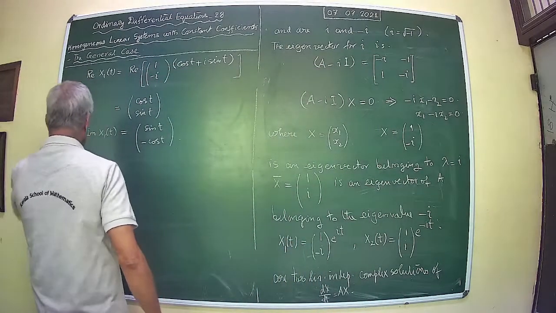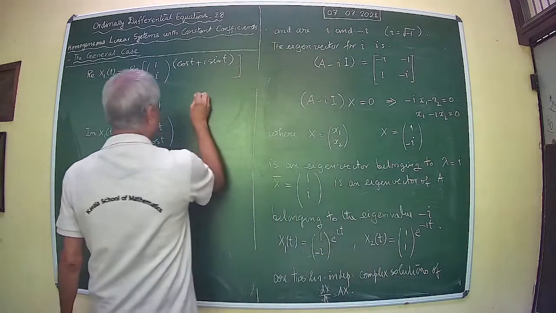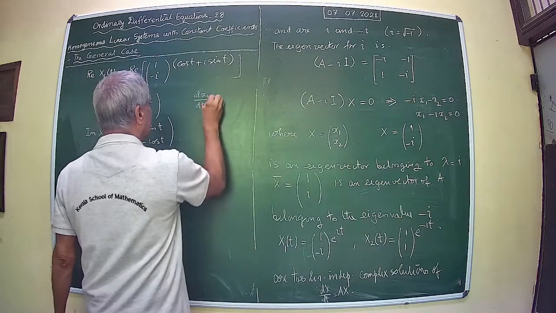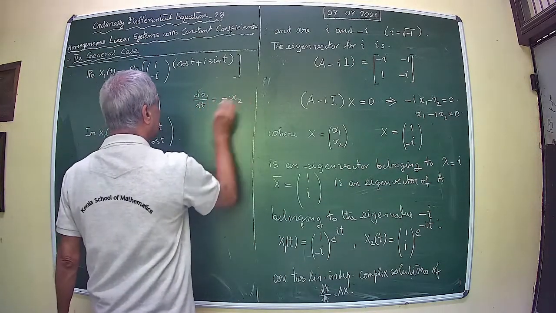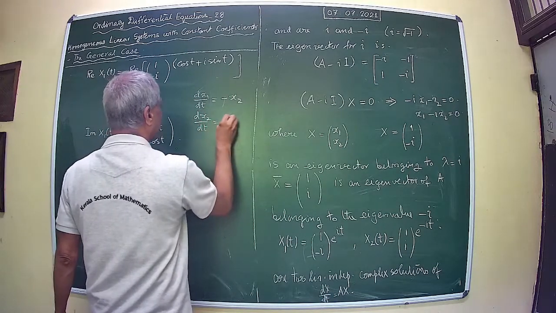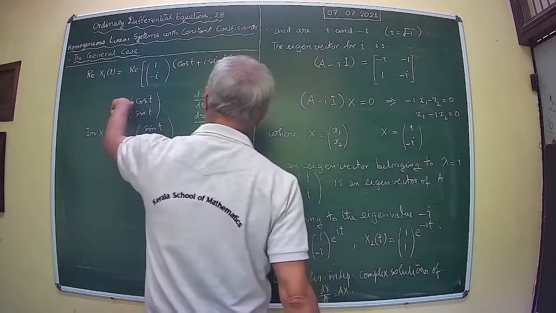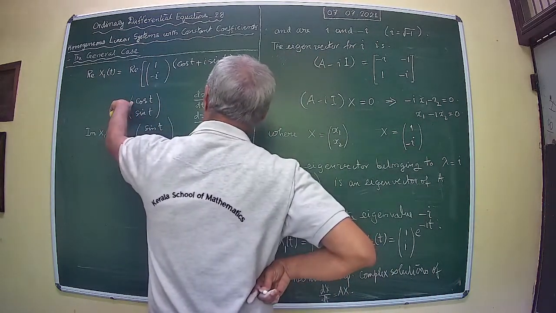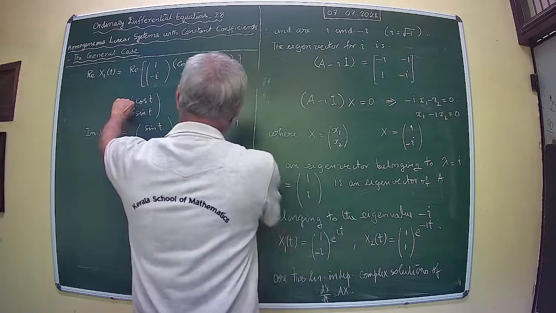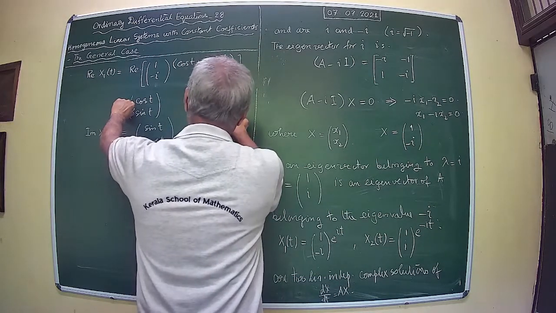Now these are two real solutions of the differential equation, because what is the differential equation? dx1 by dt equal to minus x2, and dx2 by dt equal to x1. Now you check with this. Suppose you take x1 equal to cos t and x2 equal to sin t, and you see that dx2 by dt equal to x1, dx1 by dt is equal to minus x2.